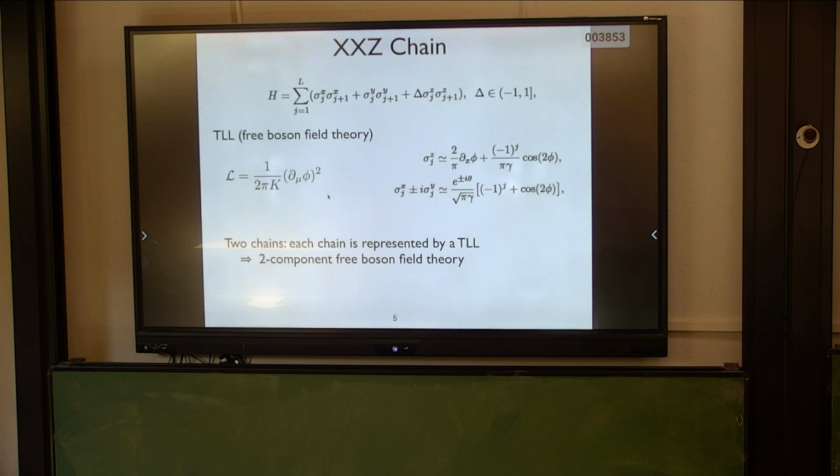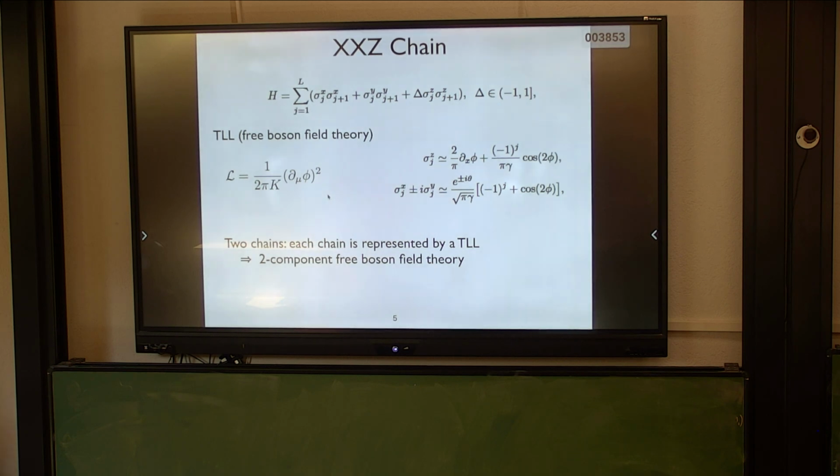And in my setup, I have 2 XXZ chains, which were independent in the initial state. Each chain was in the ground state. So we need to introduce 2 fields, phi 1 and phi 2, to describe each chain.